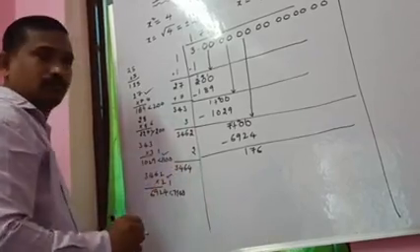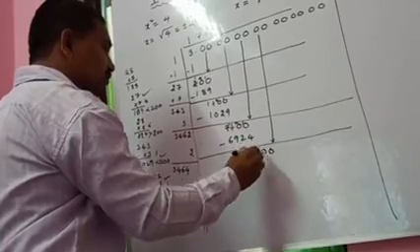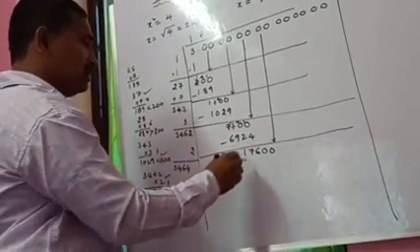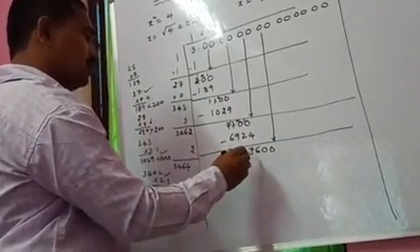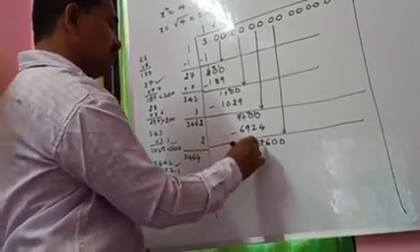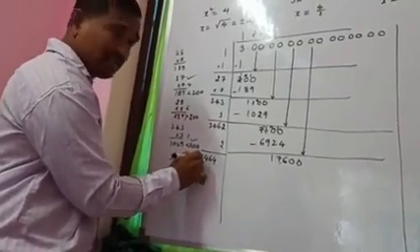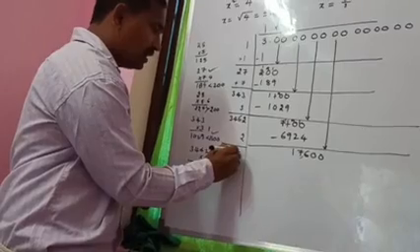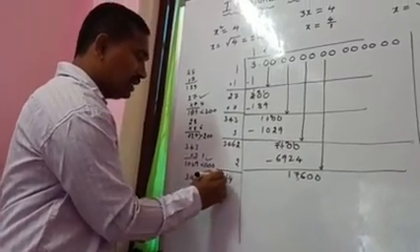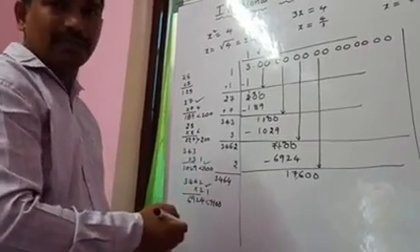3464. Now carry 2 zeros. Okay? 17600, that is 17,000. If you take any number here, it is 3,000 and something. If you take, for example, any number here, that becomes 34,000. Are you getting?